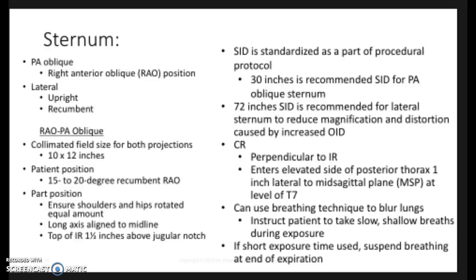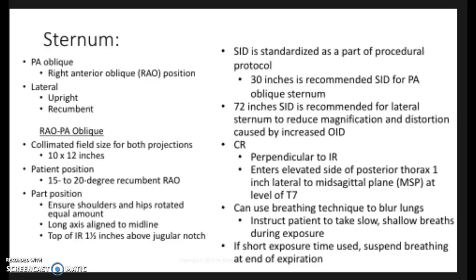Because it's hard to tell in the back if you're in exactly the right place, and the light field may look too small. It tells you right here where to center if you're centering from the posterior, but I would say have them start facing you so you can see the part and get your collimation just about right.